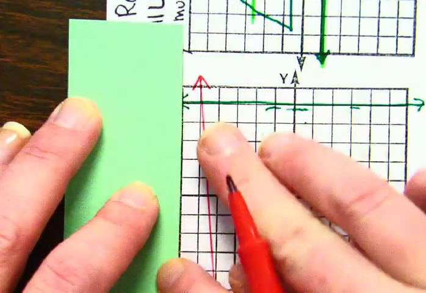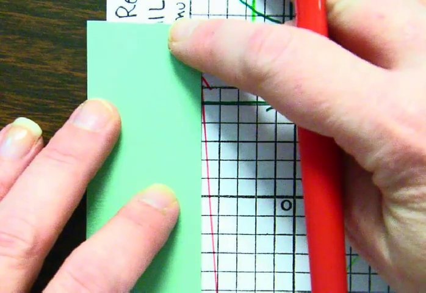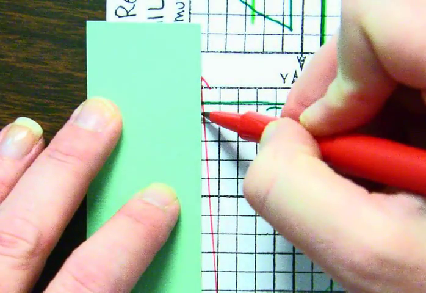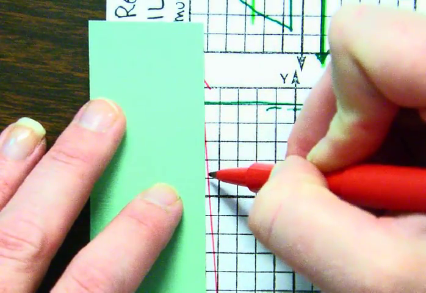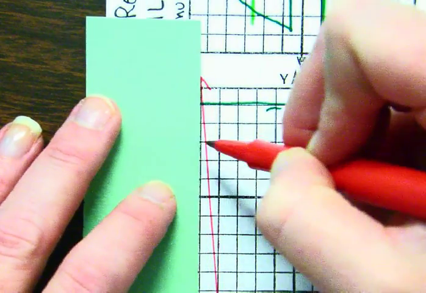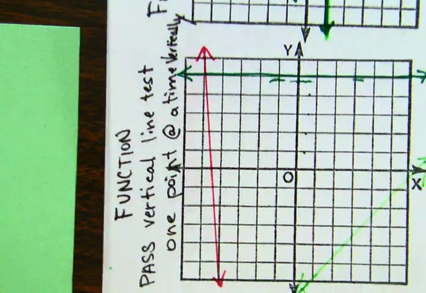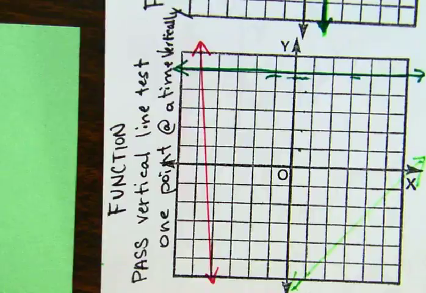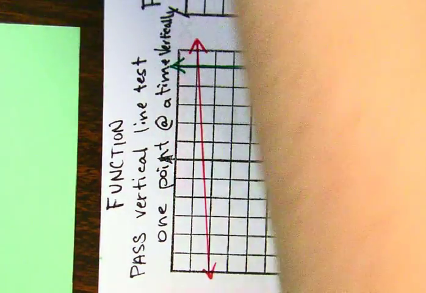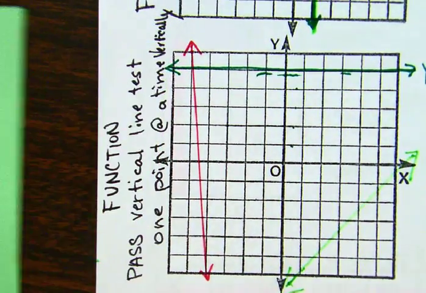Holding my paper edge vertically, I'm going to slide it over this red line. It's touching it here, nowhere else. Okay? So even though it's super steep, it still passes. That's still a function. Touching one point on the graph at a time. When you hold your edge vertically, it's a pass.